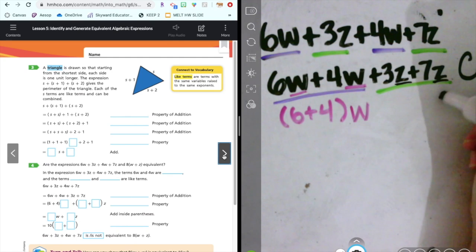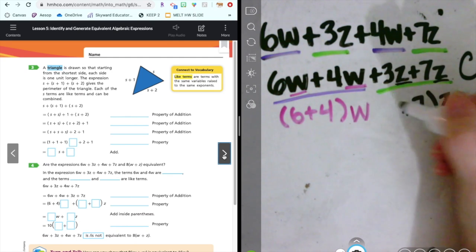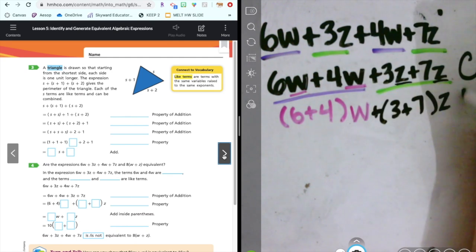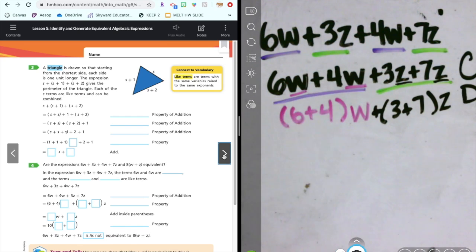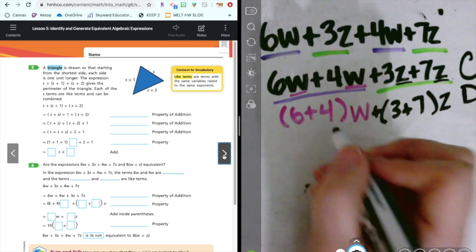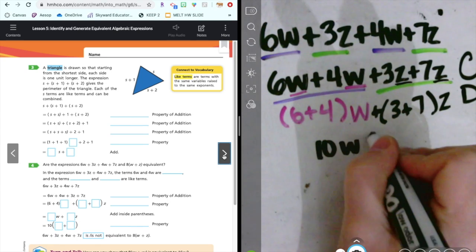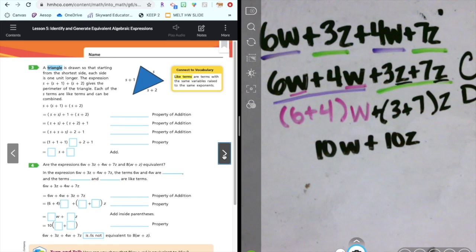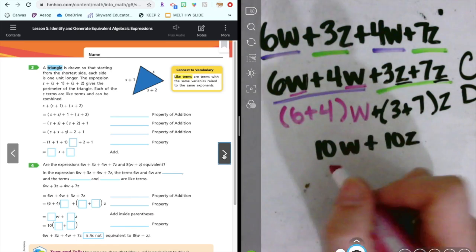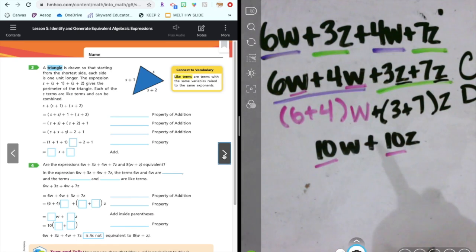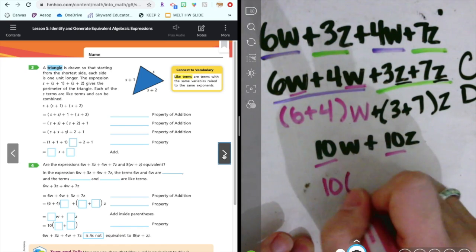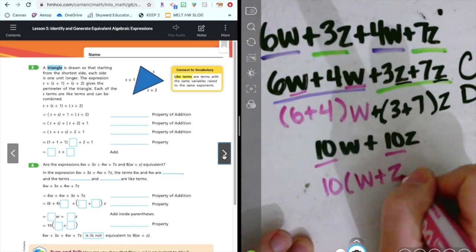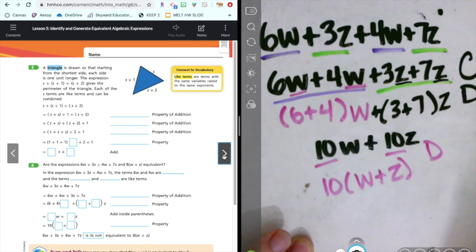So I'm going to take the z out and put the coefficients in parentheses. And that's the distributive property. Now I can just add 6 plus 4 is 10w, and 3 plus 7 is 10z. Ooh, do you notice what I notice? I see a 10 and a 10. So I'm going to take the 10 out and put what's left over in the parentheses and use the distributive property again.